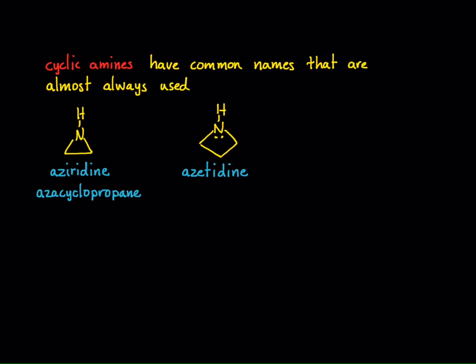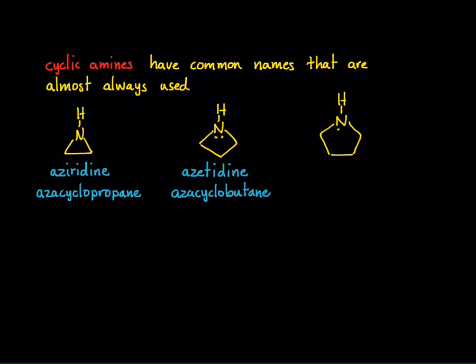Again, you can name this as an aza-cyclobutane. So aza-cyclobutane is an IUPAC name, but the common name is azetidine, and we'll be using that from time to time. So if you hear me say aziridine, it's a 3-membered cyclic amine. If you hear me use azetidine, it's a 4-membered cyclic amine.